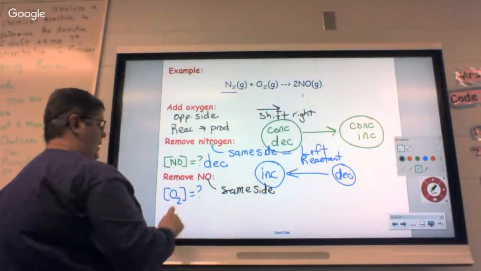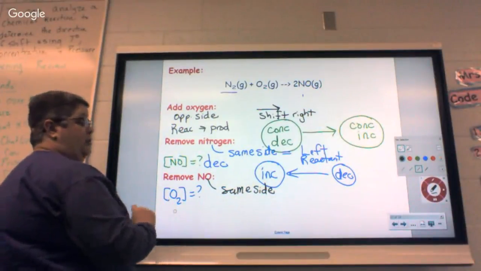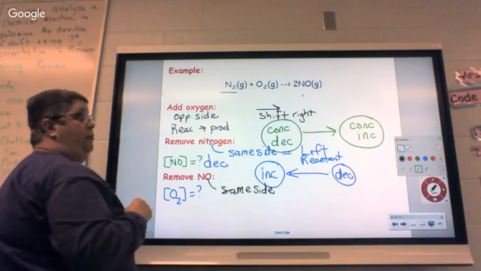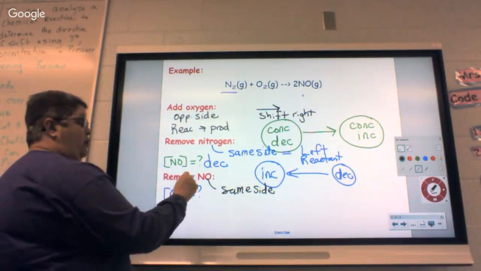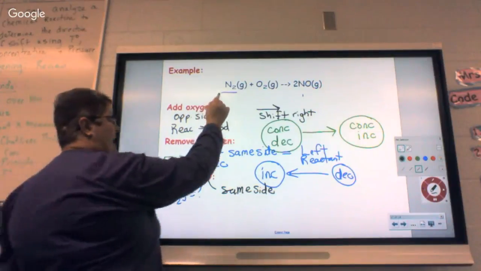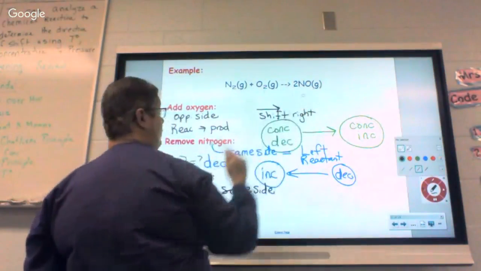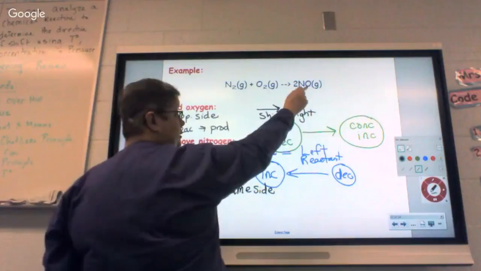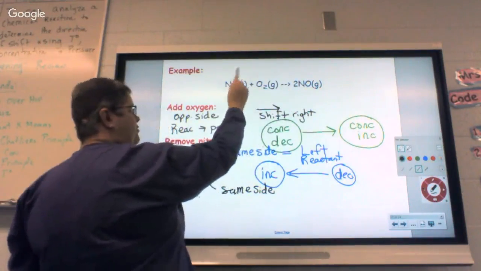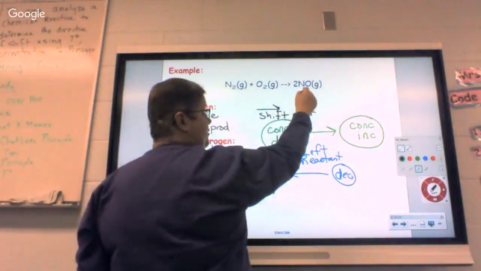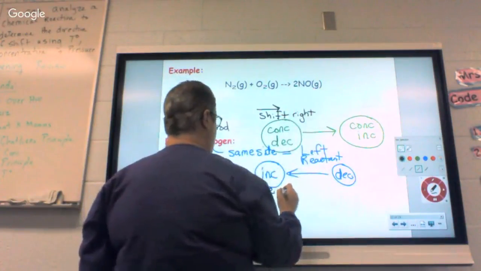I'm asking what's happening to that concentration. So if I remove NO, which way is it going to shift? It goes to the same side. What side is NO on up here? NO is by itself. That's nitrogen, that's oxygen, that's nitrous oxide, NO2.